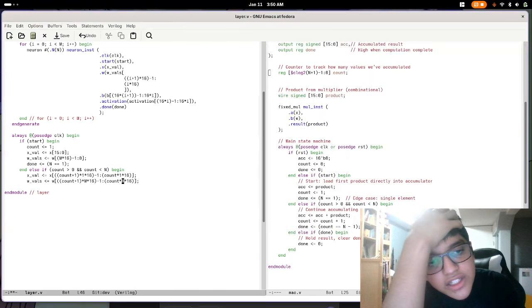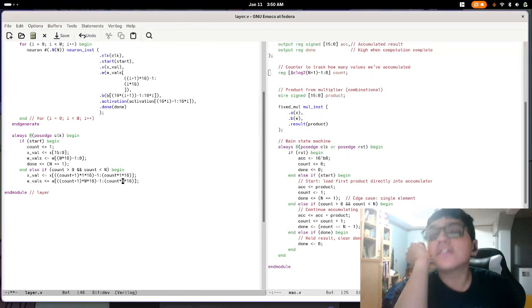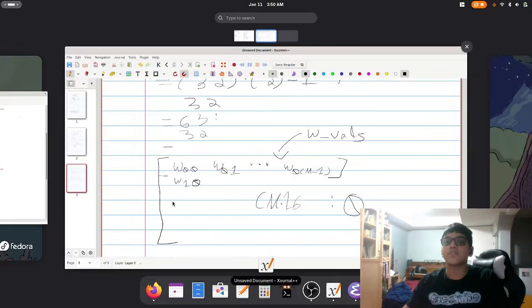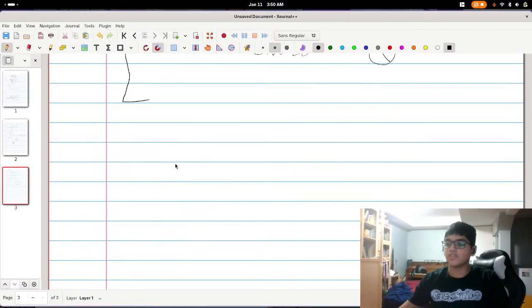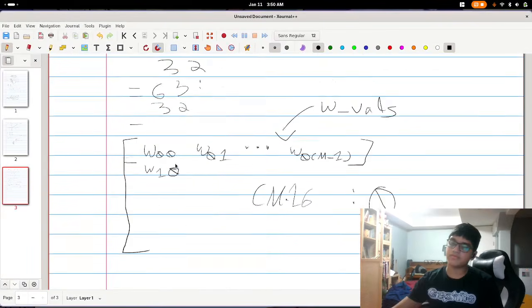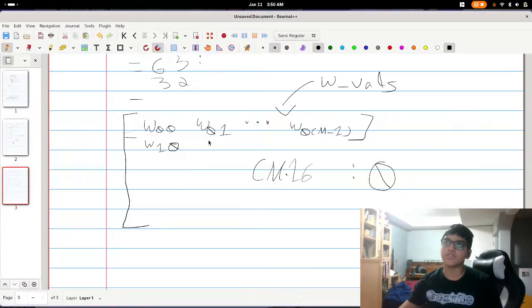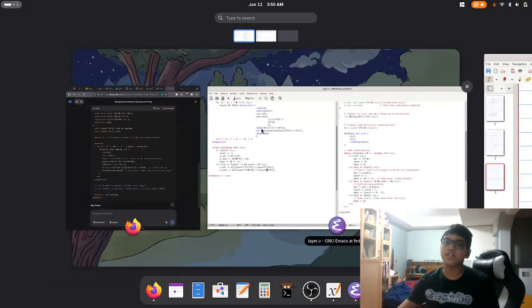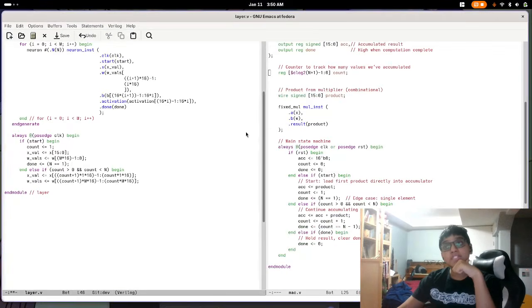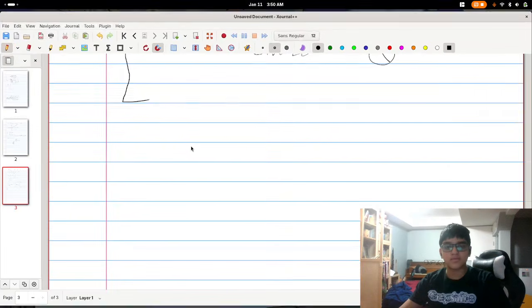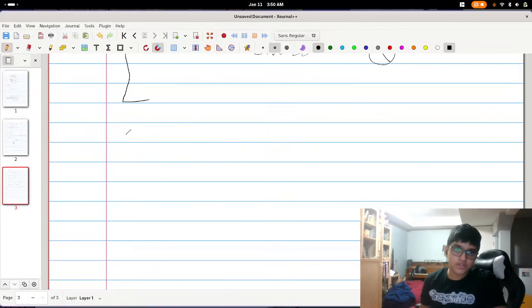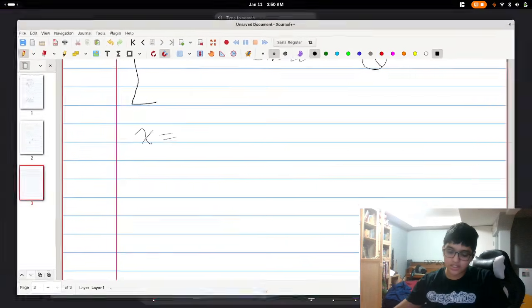I don't remember if this is right, let's figure this out. Going off this situation again, n is equal to 2, m is equal to 2. When we're loading the second input, we would expect x to be 16 bits.